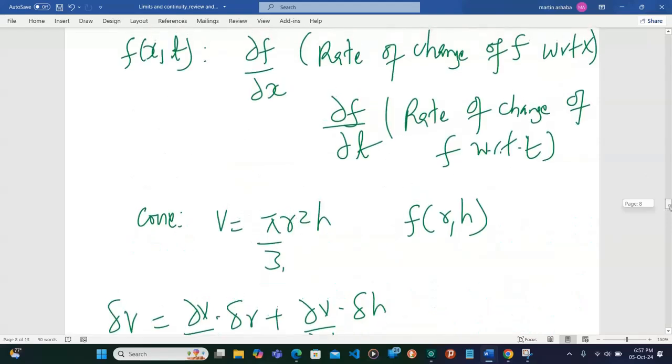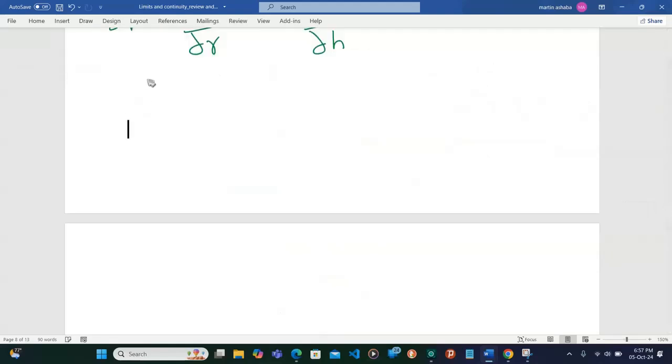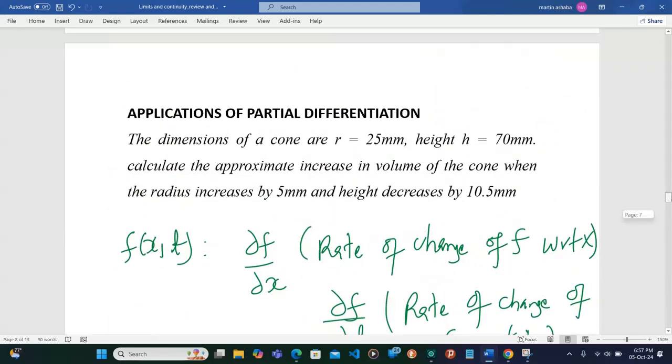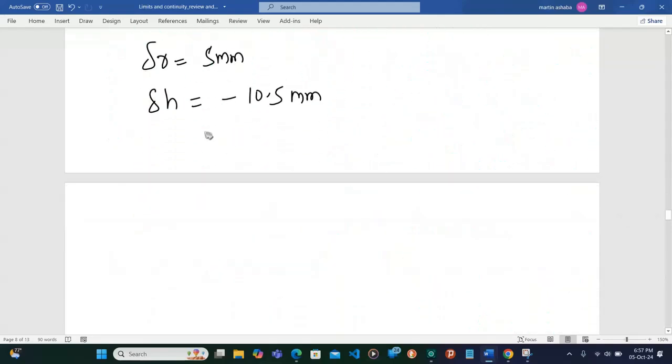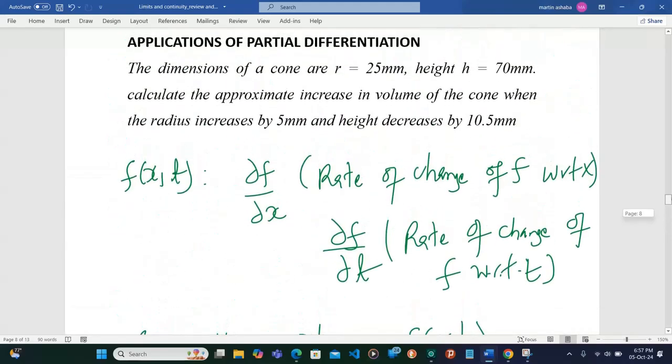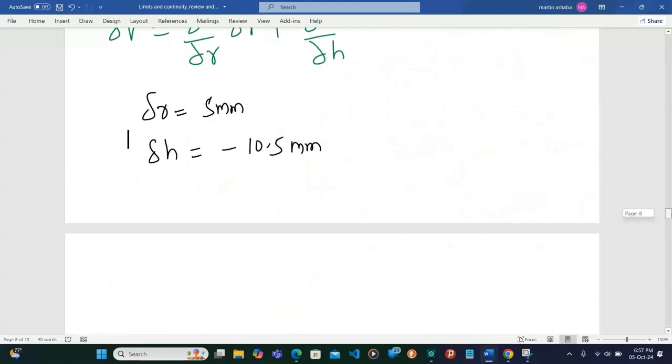What we have to note is that delta r is equal to 5 millimeters, delta h is equal to negative 10.5 millimeters. If h decreases, then this change in h is going to be negative, but if it had increased, then we would make it positive.